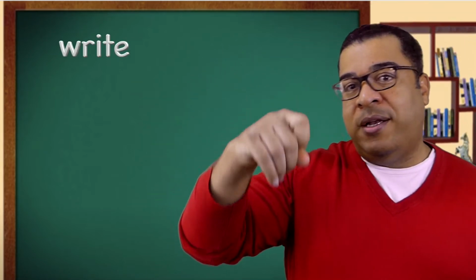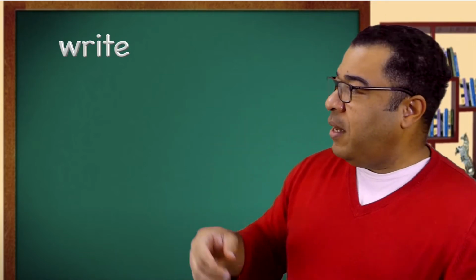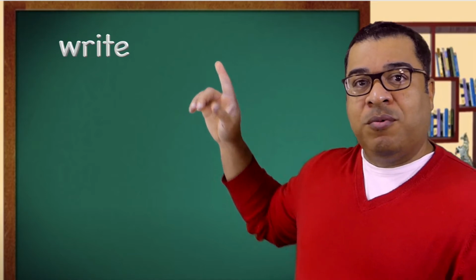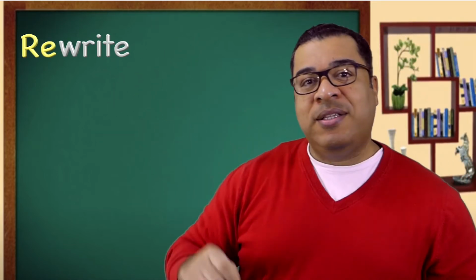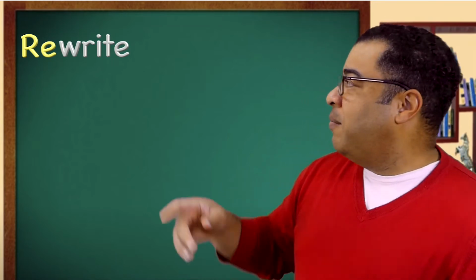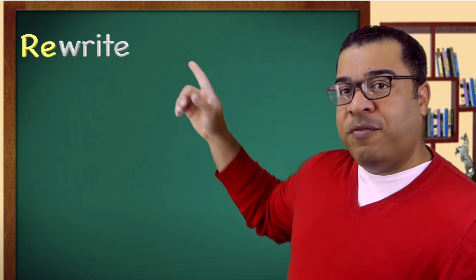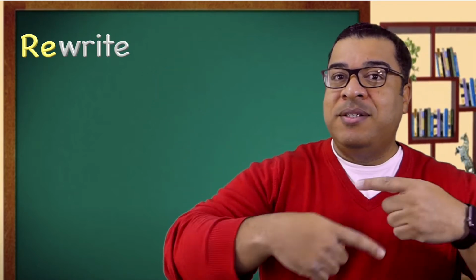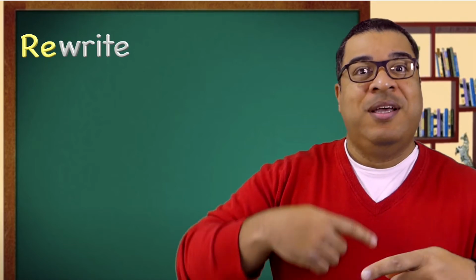Now maybe you write a letter to a friend or you write an email to someone, but if you take the prefix re and put it in front of write, so rewrite, this actually changes the meaning. Because like we practiced last week, if you see re in front of a base word, it means to do something again. So the prefix re means to do again.